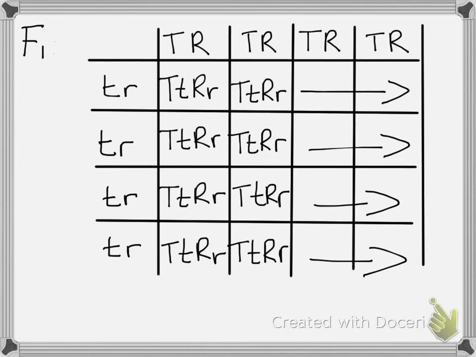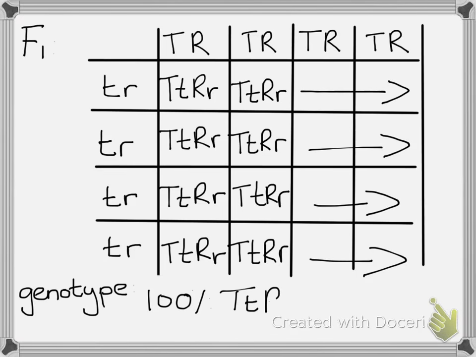Right, so let's now do our phenotype and genotype. So for this example, in our genotype, we have 100% capital T, capital R, little r.